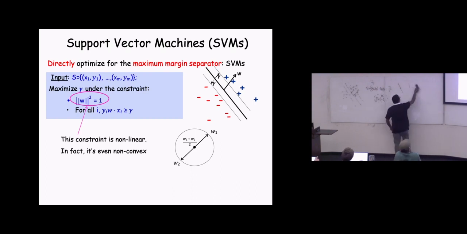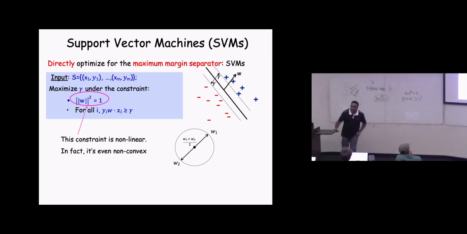So we have two constraints. One is W squared should be 1, and the other constraint is yi, w, xi should be greater than or equal to gamma. These are the two problems, right? There is another problem.